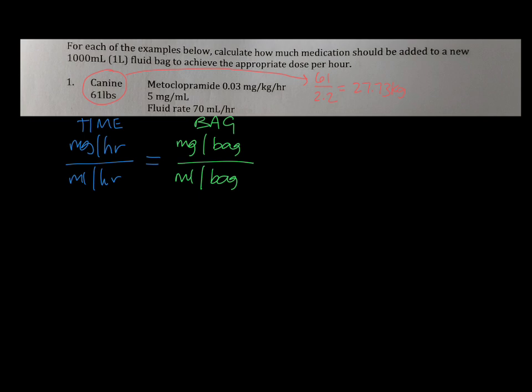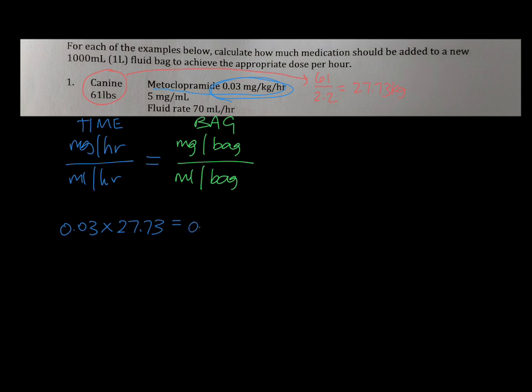All right, so I'm going to plug some information into these formulas based on what I have here. On the left side, I have milligrams per hour. We are given the information of 0.03 mg per kg per hour. So I'm going to take that dose, 0.03, and multiply it by my weight in kilograms, 27.73.